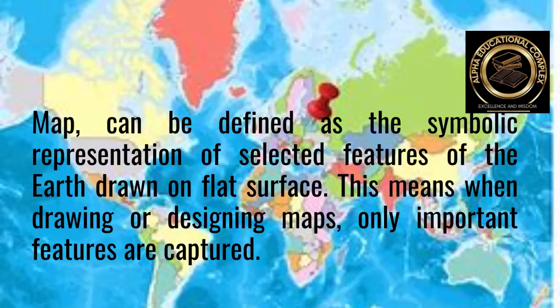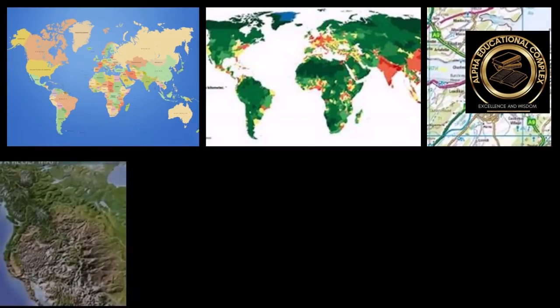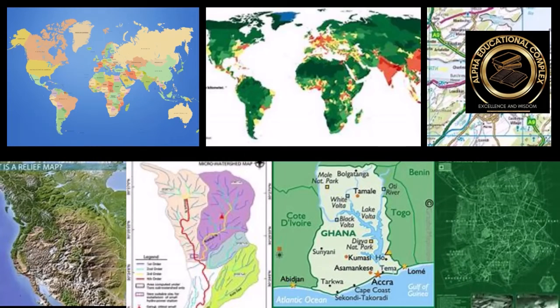This means when drawing or designing maps, all important features are captured. Maps present information about the world in a simple visual way. They teach about the world by showing sizes and shapes of countries, locations of features, and distances between places.